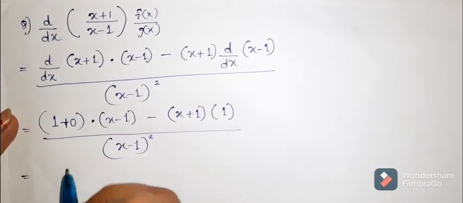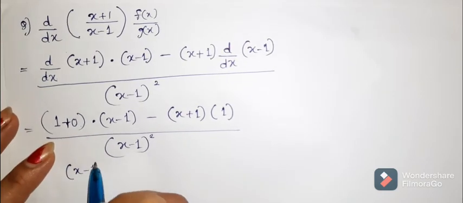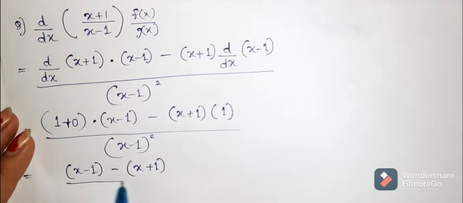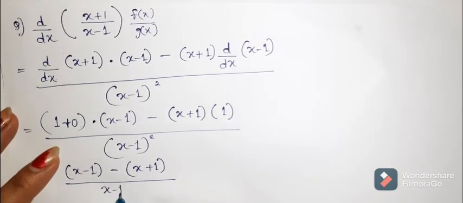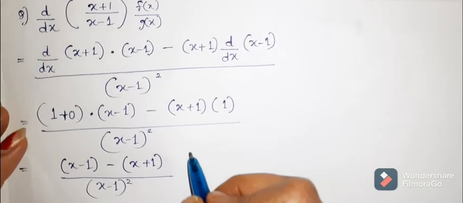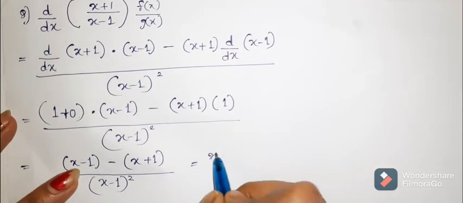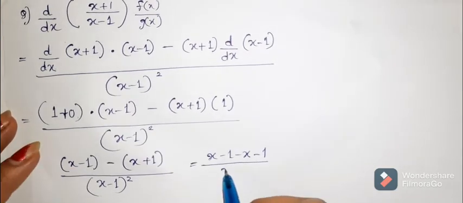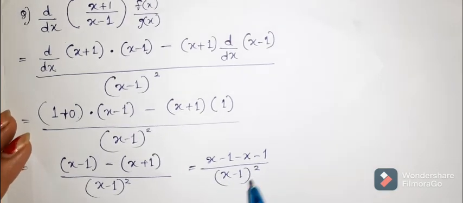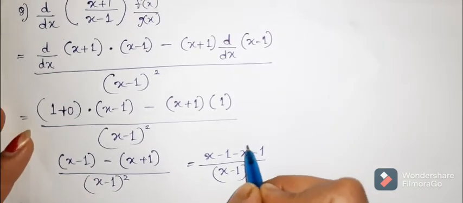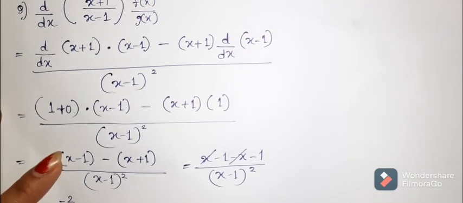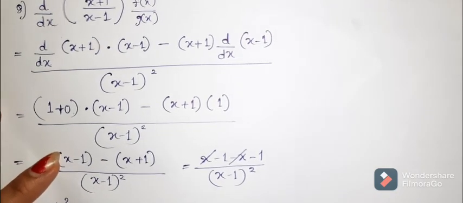So 1 into x minus 1 is x minus 1, minus x plus 1, divided by x minus 1 whole squared. So x cancels, and it will be minus 2 by x minus 1 whole squared.